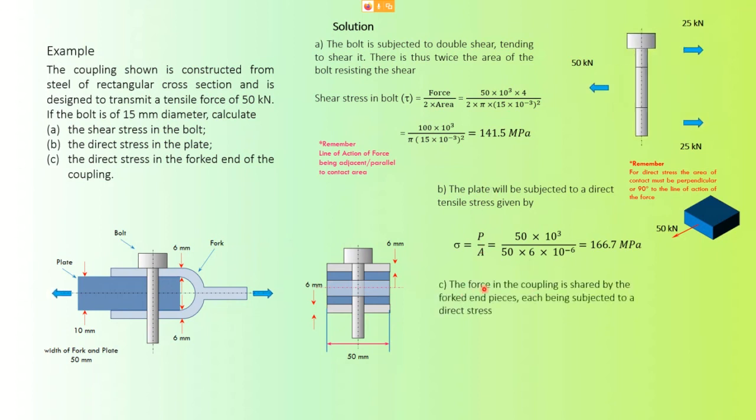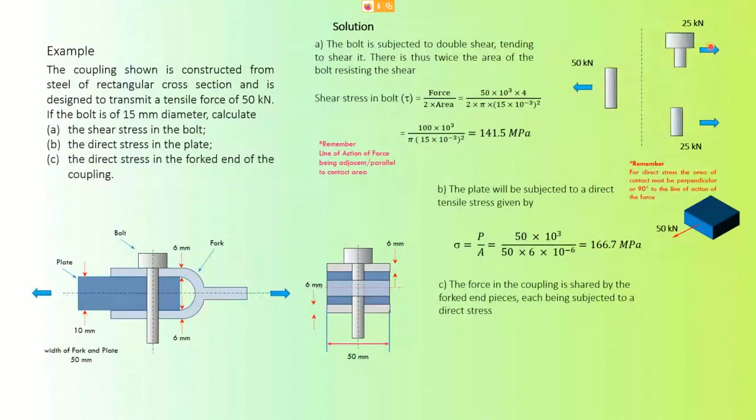Then part C, the force in the coupling is shared by both of the fork ends. So this force is shared by both of these, the fork. So that is 25 and 25.